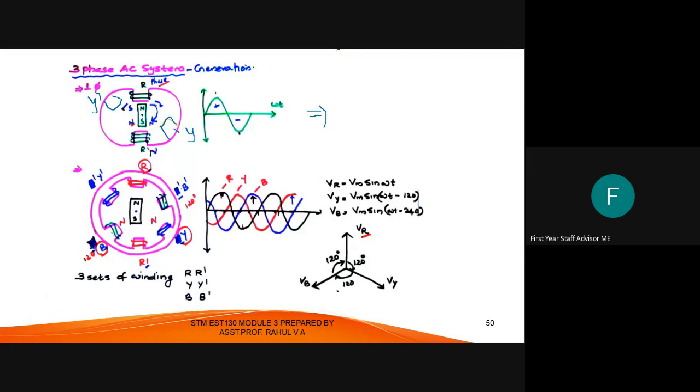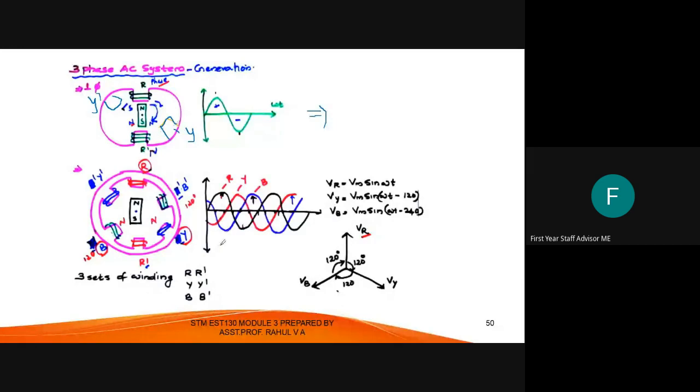As it rotates, at a point this north pole will come straight to the Y winding, and maximum EMF will be induced in the Y winding. At that time, the voltage induced in the R winding will be very little. So there will be a 120-degree difference between the R and Y windings.